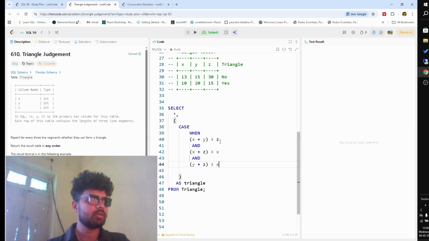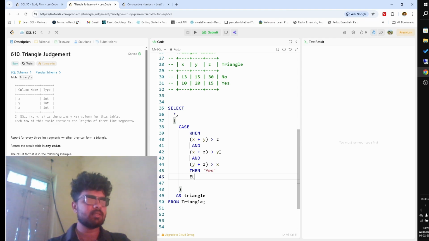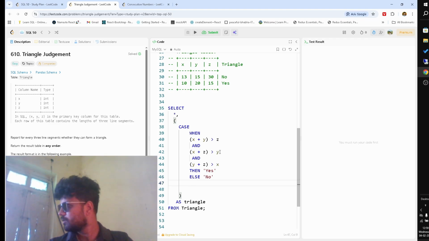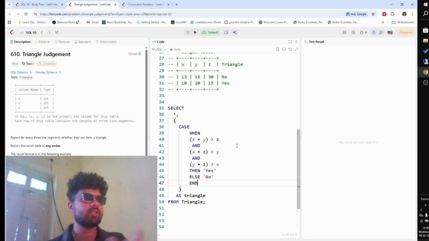No, x plus z greater than y here. If this condition is true, then yes, and else no, and end of the case statement, as triangle. That's it. This is what we want for this question.